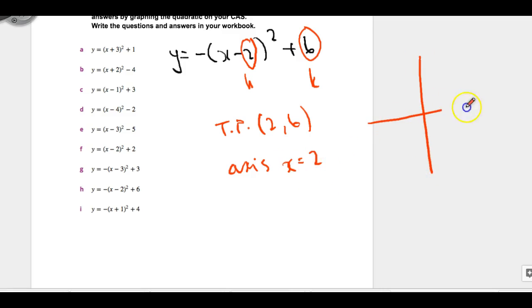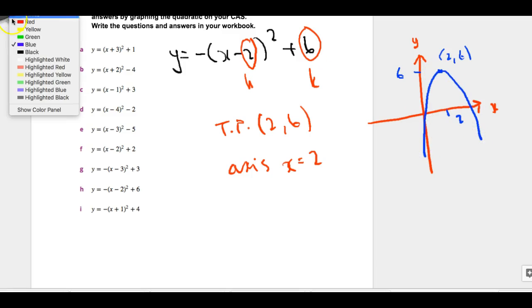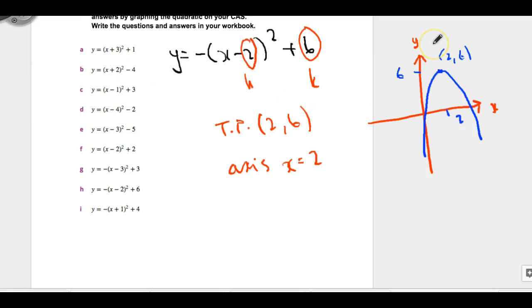So when we're graphing that, let's choose another color. There's 2, there's 6, let's draw a dot there, and always label your graph. If you've got a turning point, you should be labeling it. So we have (2, 6). Remember it was a negative parabola, that's why it's upside down. x equals 2 is our axis of symmetry.